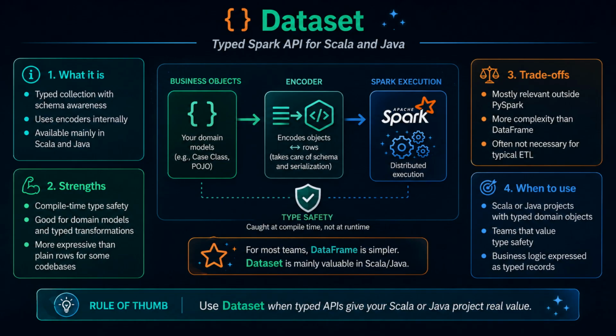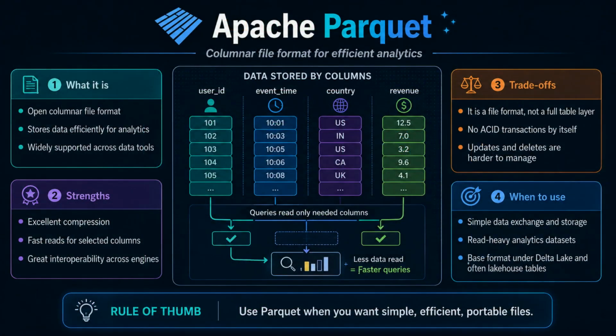Dataset is mainly valuable in Scala or Java projects where typed APIs give real value. The rule of thumb is, use Dataset when typed APIs give your Scala or Java project real value. For many data engineers, especially those using PySpark, it is enough to understand what Dataset is, but DataFrame will be the everyday tool.